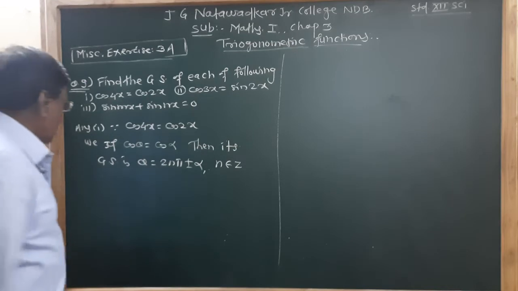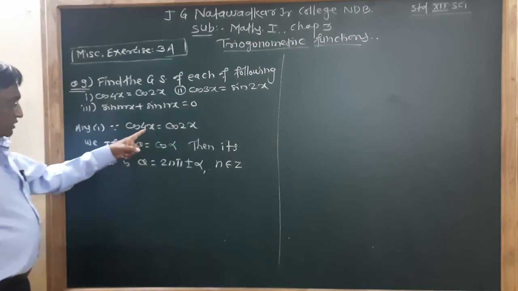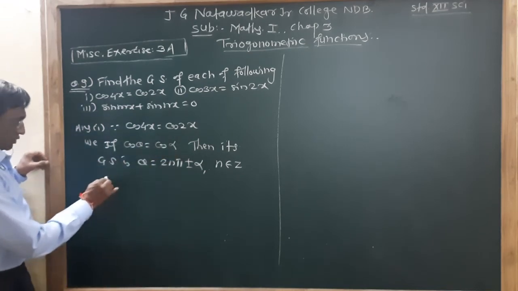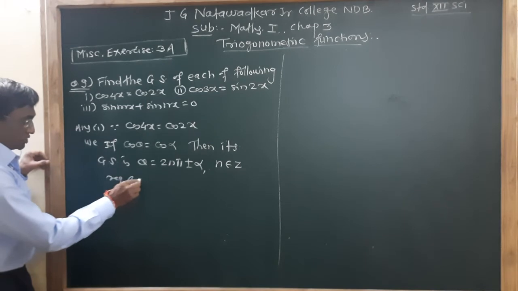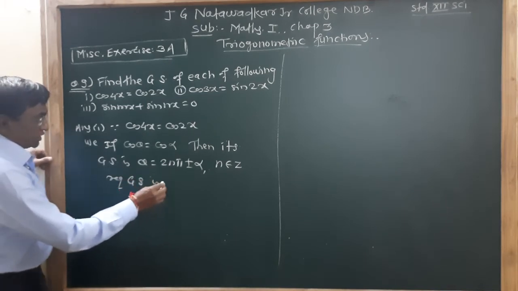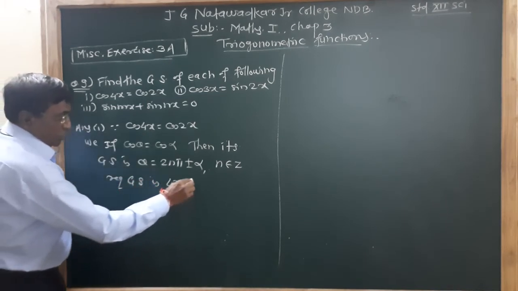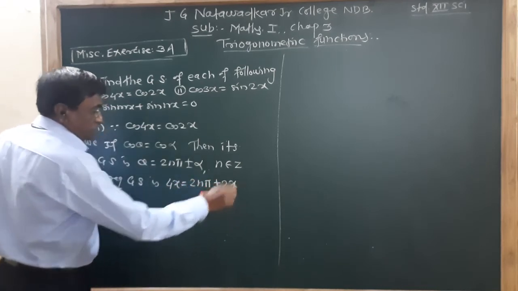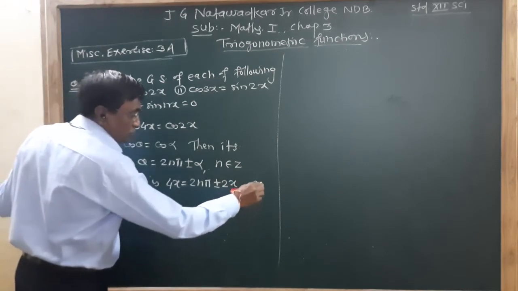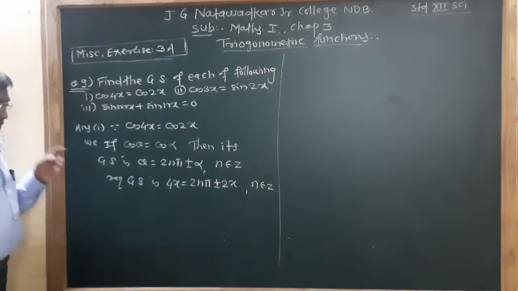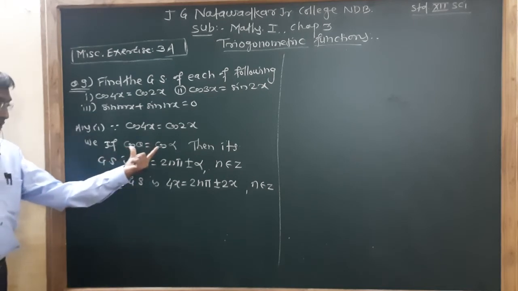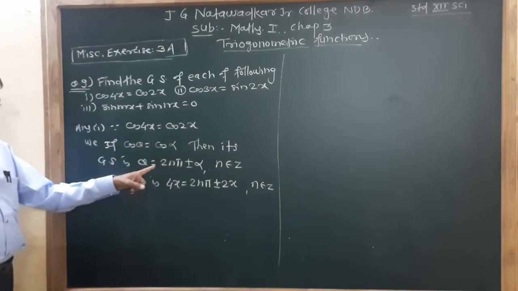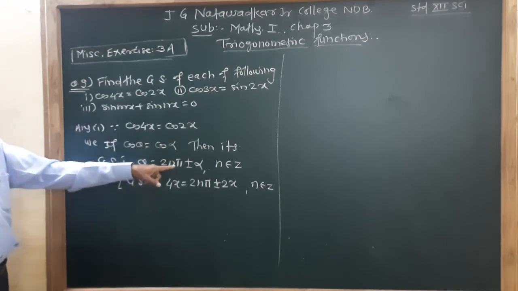Now here, compare theta as 4x and alpha as 2x, and substitute. The required general solution is 4x is equal to twice n pi plus or minus 2x, where n belongs to Z. If the equation is of the type cos theta is equal to cos alpha, then the general solution is theta is equal to twice n pi plus or minus alpha.